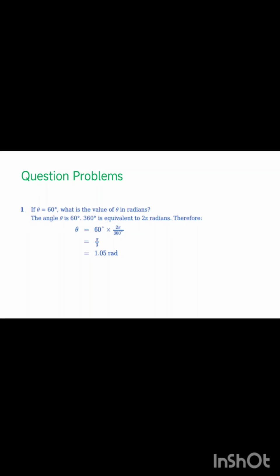Therefore, to convert 60 degrees to radian, we multiply 60 degrees by 2 pi over 360. Using a calculator, after doing the calculation we get the answer 1.05 radian. So this means that 60 degrees is equivalent to 1.05 radian.